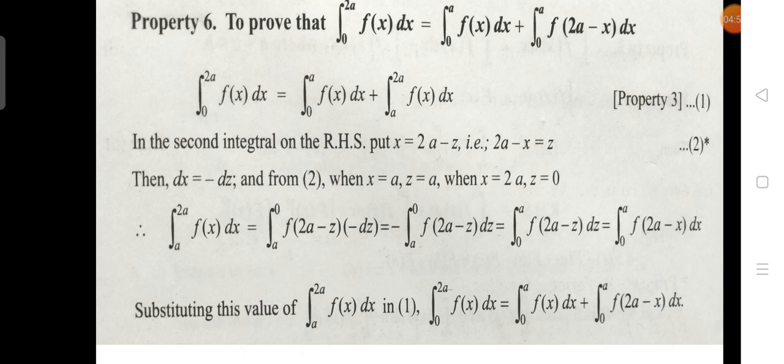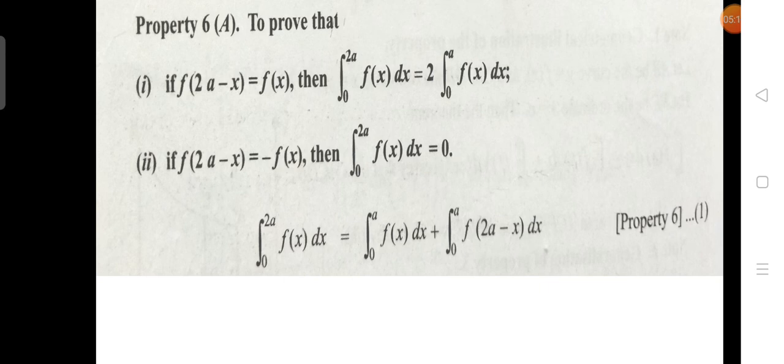Next is the integral from 0 to 2a of f of x dx. We can split that limit into two: the integral from 0 to a of f of x dx plus the integral from 0 to a of f of 2a minus x dx. That is another property.